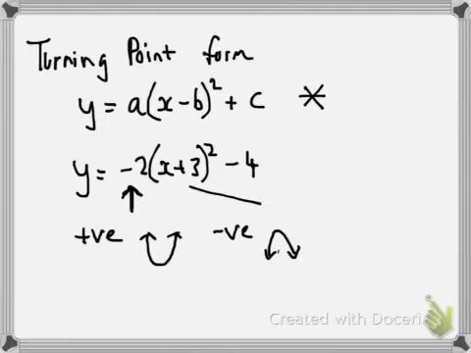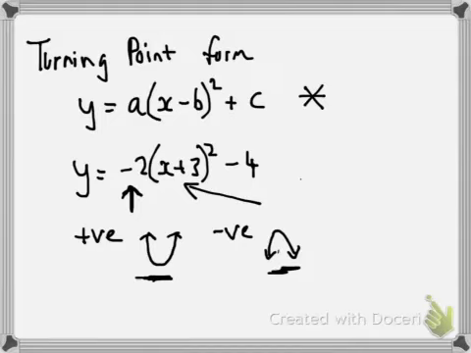Let's have a look at the plus 3 there. What that's going to do is take the basic shape of the quadratic, and the basic shape, remember, is either this smiley face one, or the sad face one if you like, and move it in certain directions. I'll get back to the significance of the 2 in a moment.